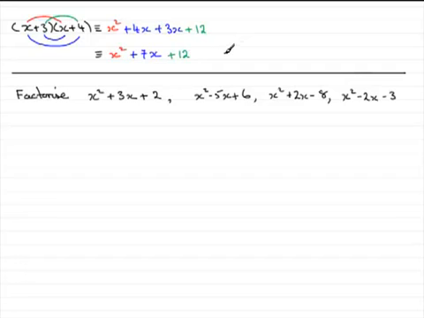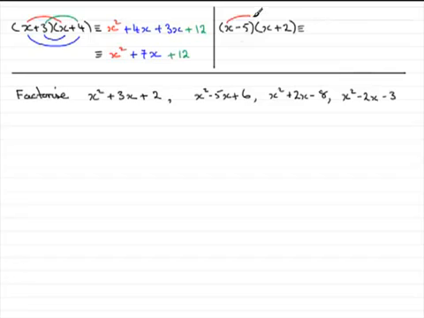Alright? Now I'd just like to do one more expansion for you, just to illustrate this further. Let's suppose we had different signs in the bracket this time. A minus sign, x minus 5, and a plus sign, x plus 2, and we had to expand this.